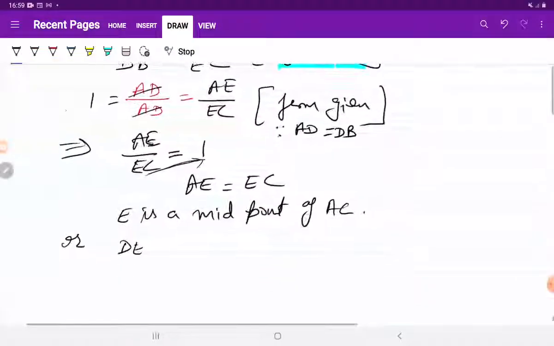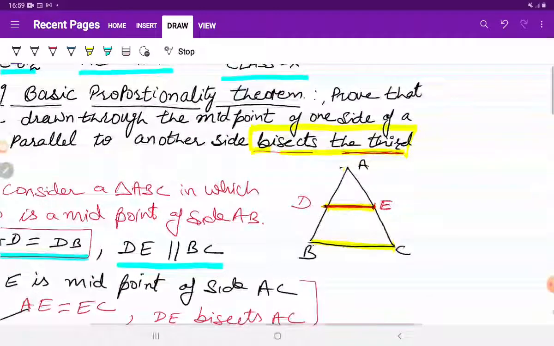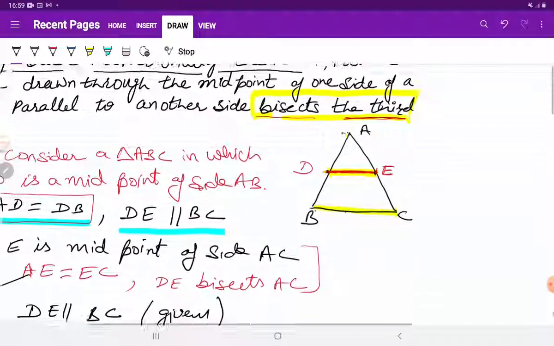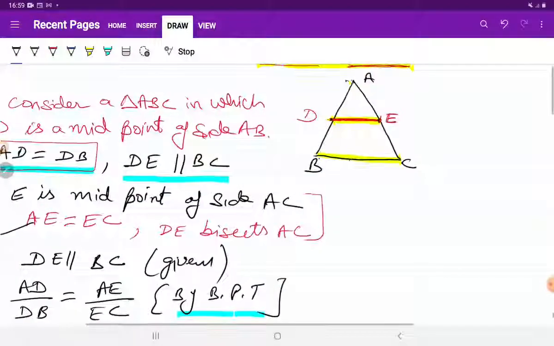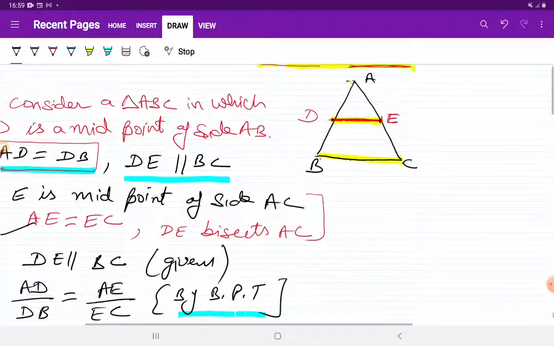Or you can say that side DE, which side? Yes, DE bisects side AC. Okay, DE bisects side AC. If E is a midpoint, obviously AE is equal to EC. Both parts will be equal, then E will be the midpoint of the side AC, or you can say that DE, the third side, that side which is parallel, bisects the third side AC.